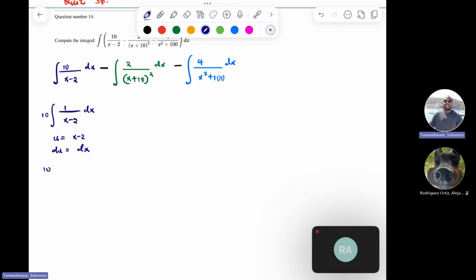So take back in that integral, I have 10 integral 1 over u, times dx, but dx is the same as du from this guy here. And I know what I get when I integrate 1 over u with respect to u. I just get natural log of u, but this is an indefinite integral, so I'll add on a constant, and in fact, let me say this is constant 1 maybe.